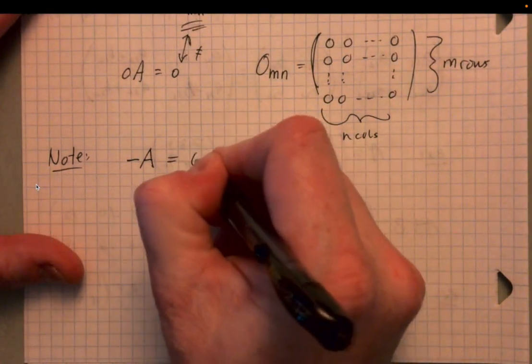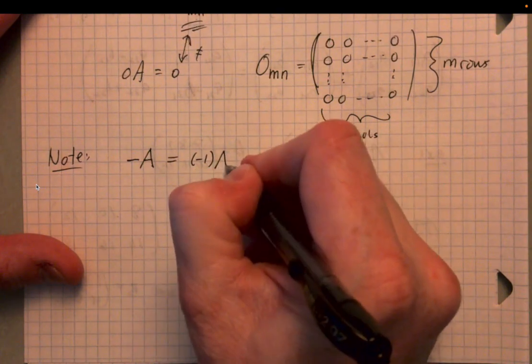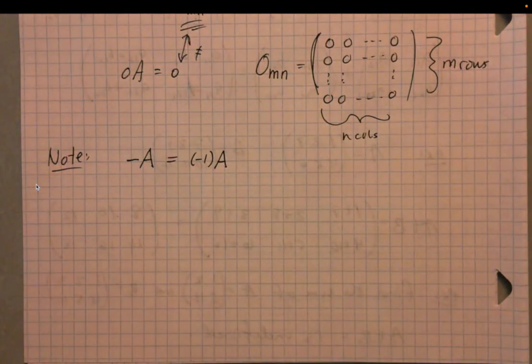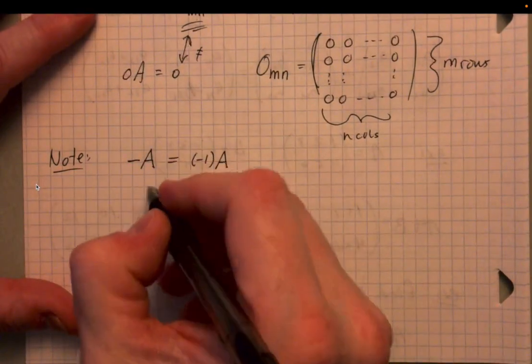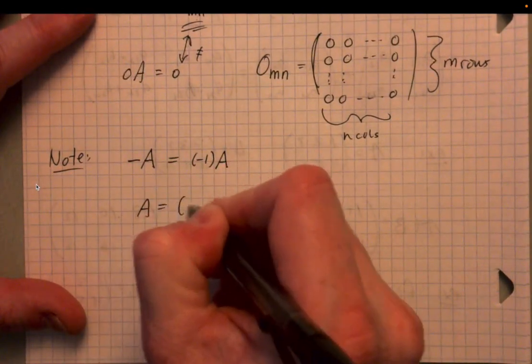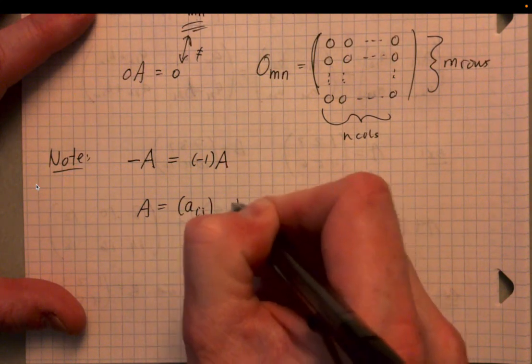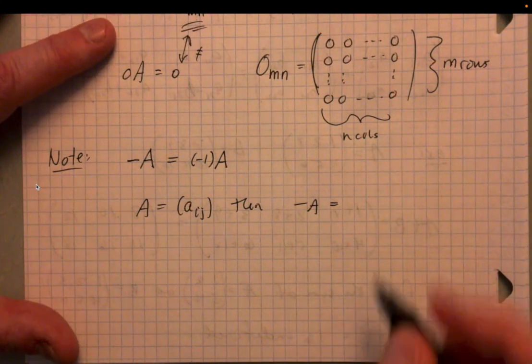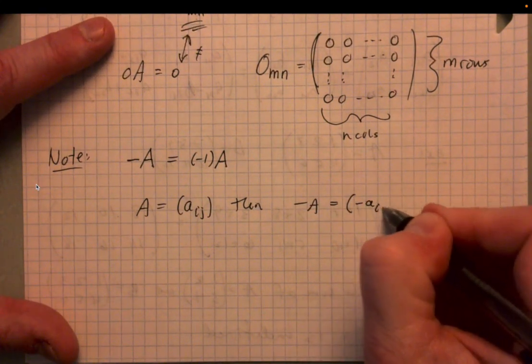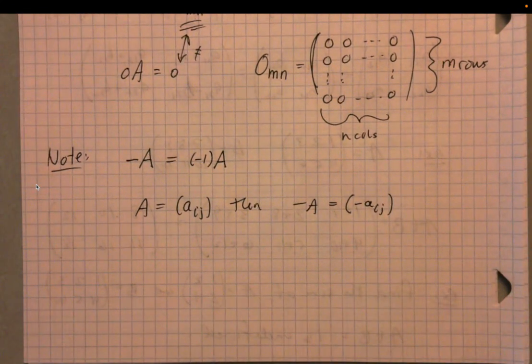So this really means negative 1, the scalar, times the matrix A. So if A is equal to a_ij, then negative A would be equal to negative a_ij, right? So all of the entries would be negative, you'd basically flip the sign.